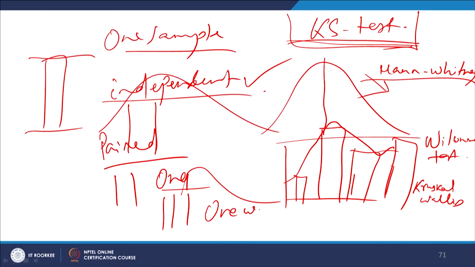So, the sample remains the same. What will I do in this case? You have a one way ANOVA with repeated measures, right. Similarly, you have a Friedman's test for this.